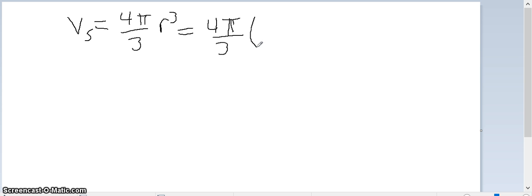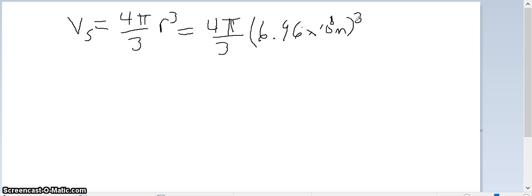You want to do it in meters here because we're going to compare the volume of the sun to the volume of this cloud. The radius of the sun in meters, you can look this up in the back of the front cover of your textbook, is 6.96 times 10 to the 8th meters. Then of course you have to cube that, and that'll give you the volume of the sun.